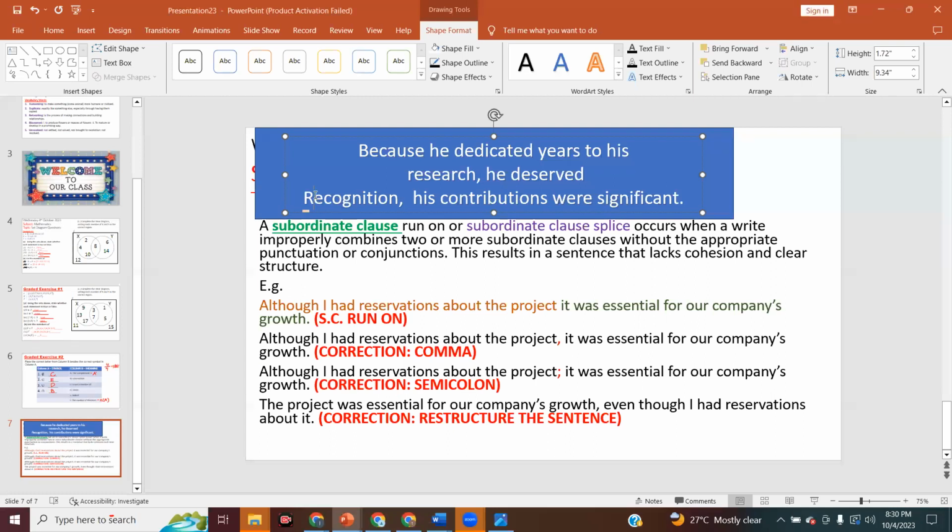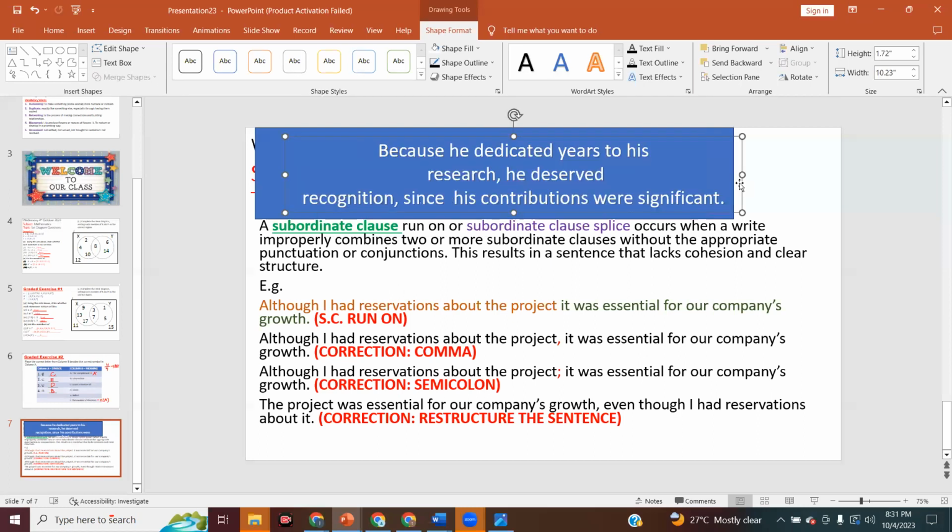We have to put what? Either you're going to put a semicolon or you're going to put a comma and put since. All right. So that's the best correction.